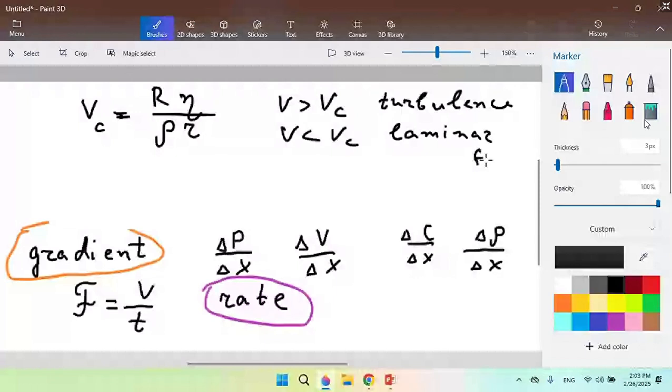And in the aorta, next time we will even calculate what would be the blood speed in the aorta as the blood leaves the left ventricle, and the velocity is high enough to produce turbulence there.